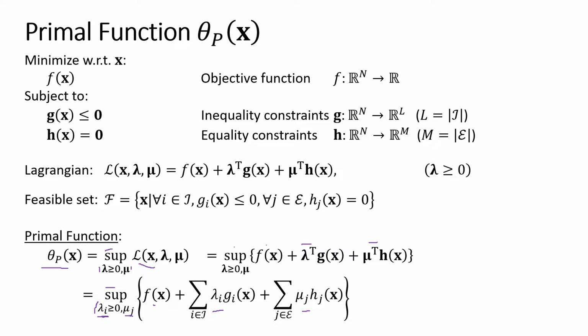In fact, all possible dual variables. Therefore, by doing the supremum over them, we are eliminating lambdas and mu's from the Lagrangian, and that gives us a function of only x. So theta_p of x is a function of x. It's not a function of the lambdas and mu's.